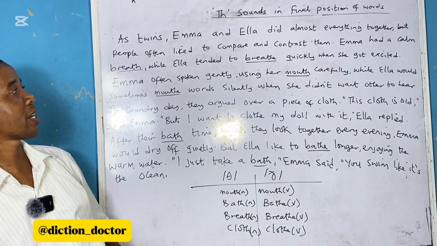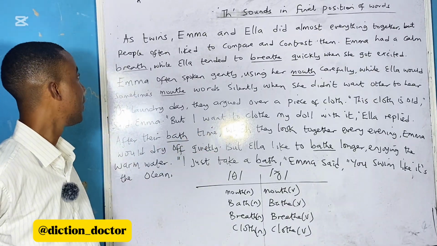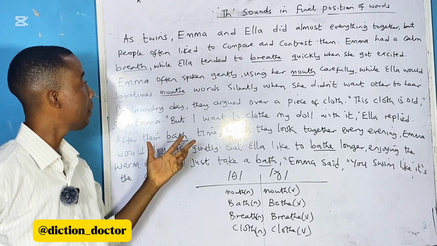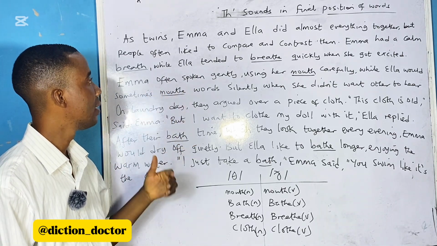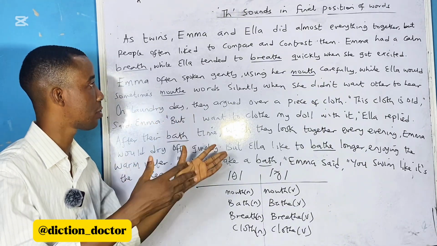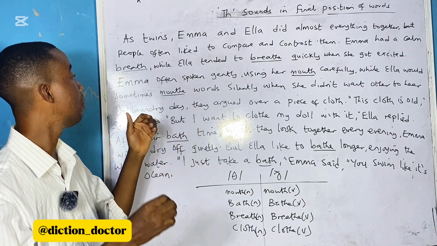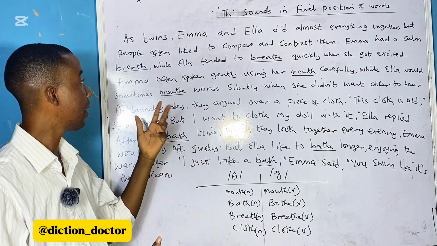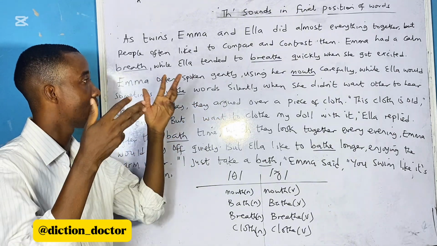So look at it in this passage. I put everything in reading. So let's do the passage together. As twins, Emma and Eller did almost everything together, but people often like to compare and contrast them, just like we're doing here. Emma has a calm breath, while Eller tended to breathe quickly when she got excited.